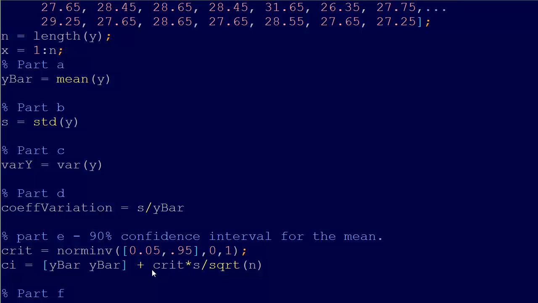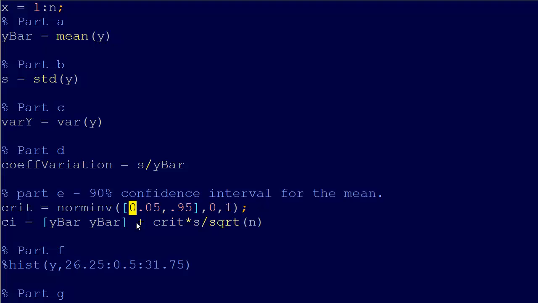Then I multiply that by the standard deviation divided by the square root of n. Again, the equation for this is in the book. This part of it is on page 448.